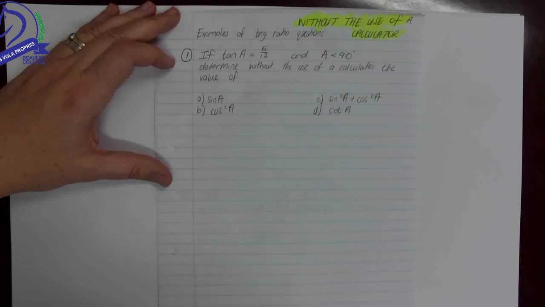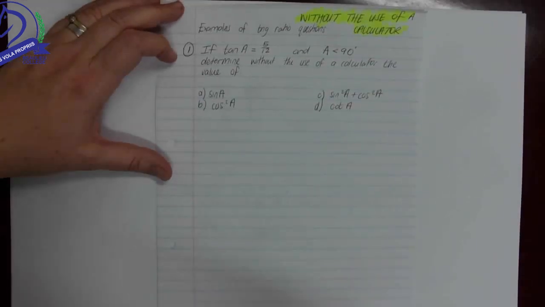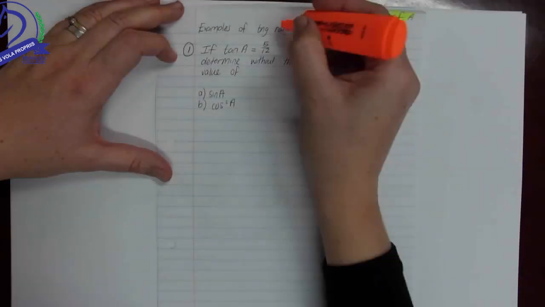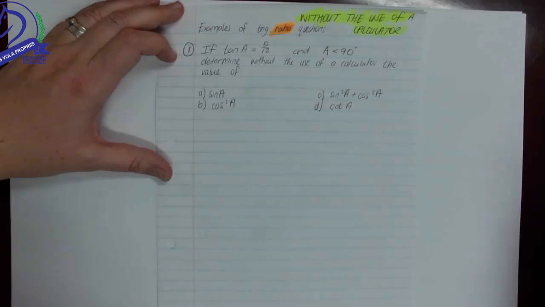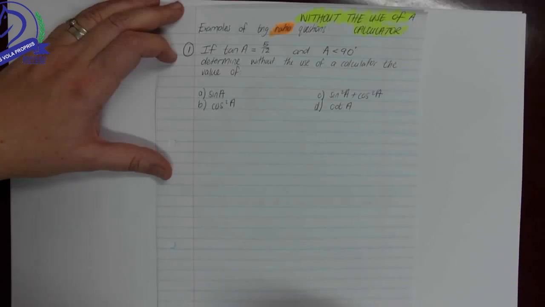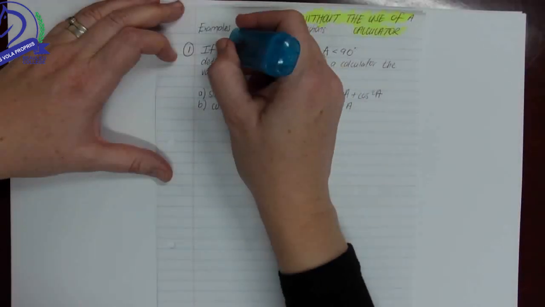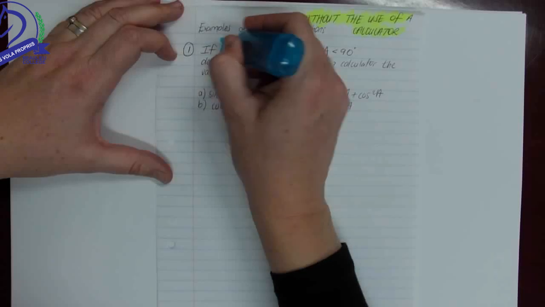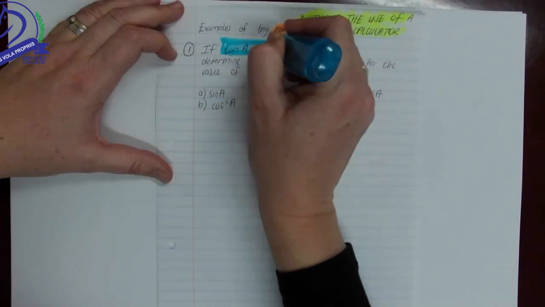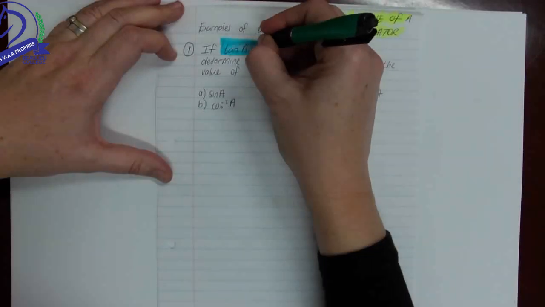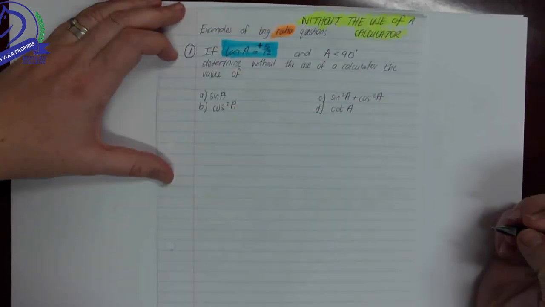Right, so let's look at trig ratio questions. There's a few things that you need to understand. The moment I work with ratios goes hand in hand with a Cartesian plane. They are telling me that tan A is 5 over 12. So tan A, first of all, is plus.